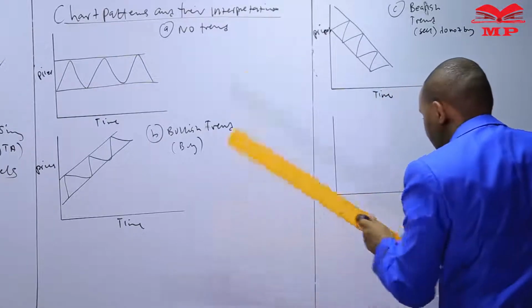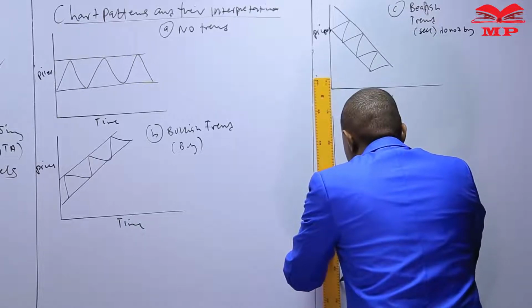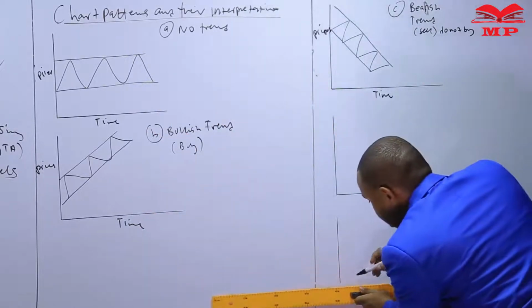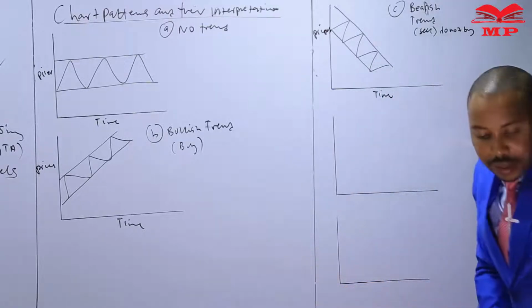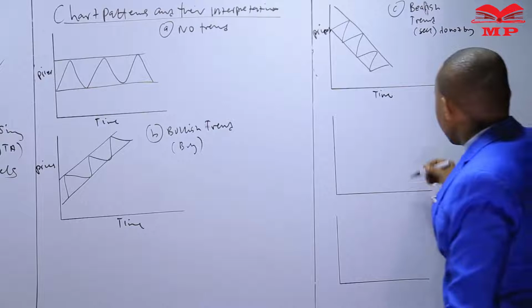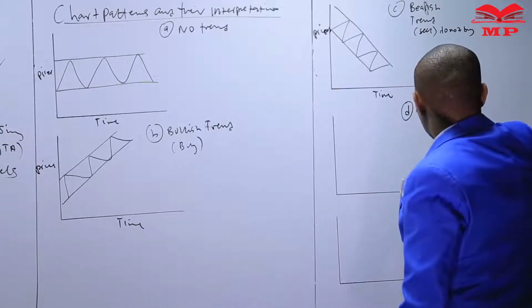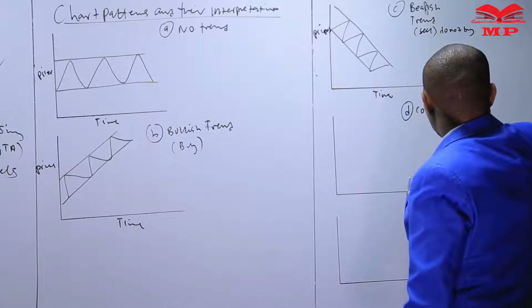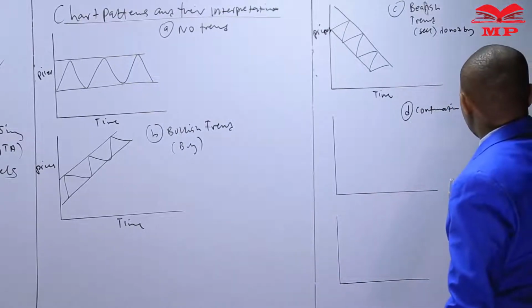I can still draw another one down here, so that all that will be left is for me to just indicate the trend there. So D, confirmation of a bullish trend.